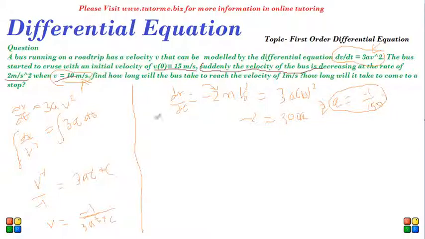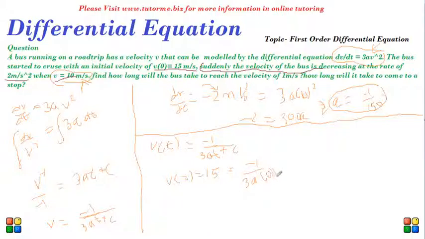Okay, so that is the first condition. I just found my a. So let's find my c. Here v of t was negative 1 over 3at plus c, but then we know v of 0 is 15, which is given by negative 1 over 3a times 0 plus c.